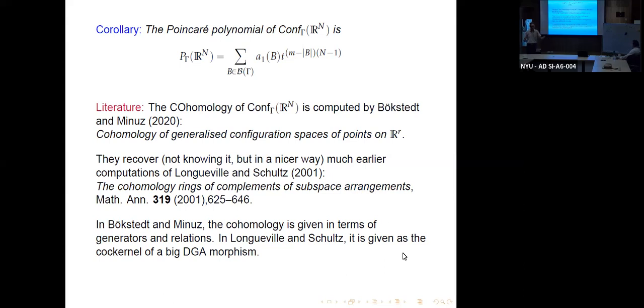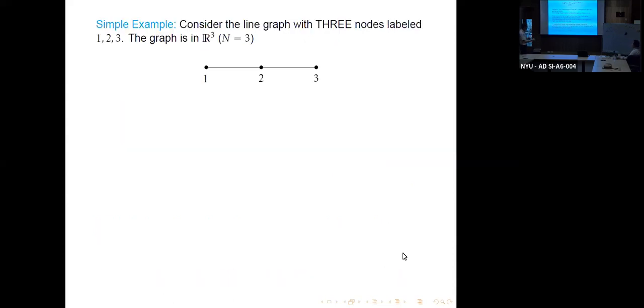Nobody knew what the Poincaré series or even the stable homotopy was. The cohomology is computed in these two papers.